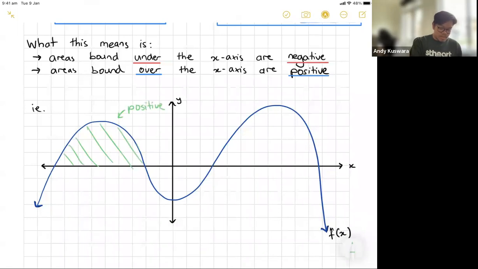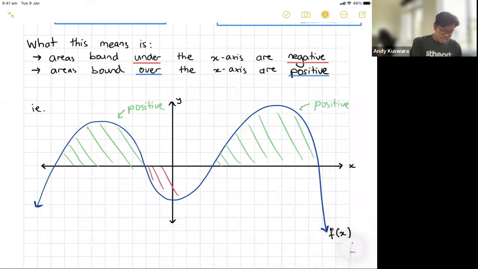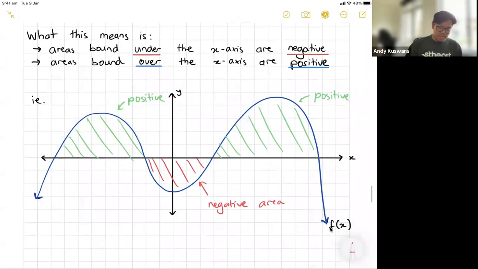This here is also on top of the x-axis, so that is also a positive area. And this part is under the x-axis. Take a guess. Hopefully you did: this is a negative area. Negative areas, positive areas.